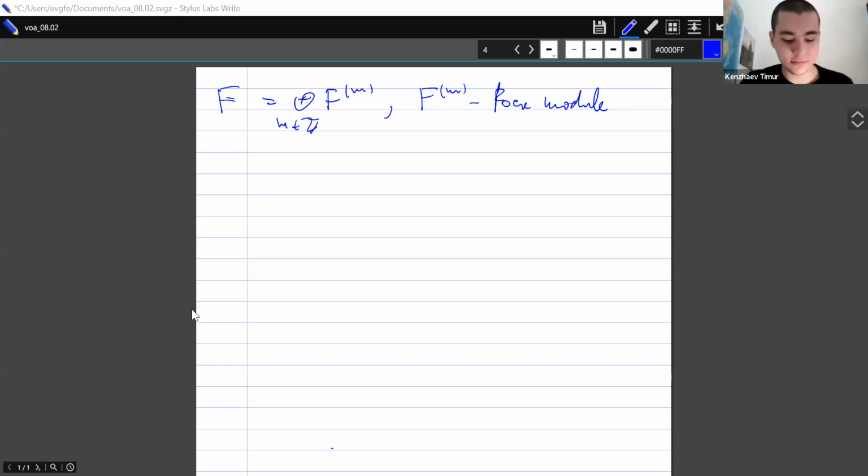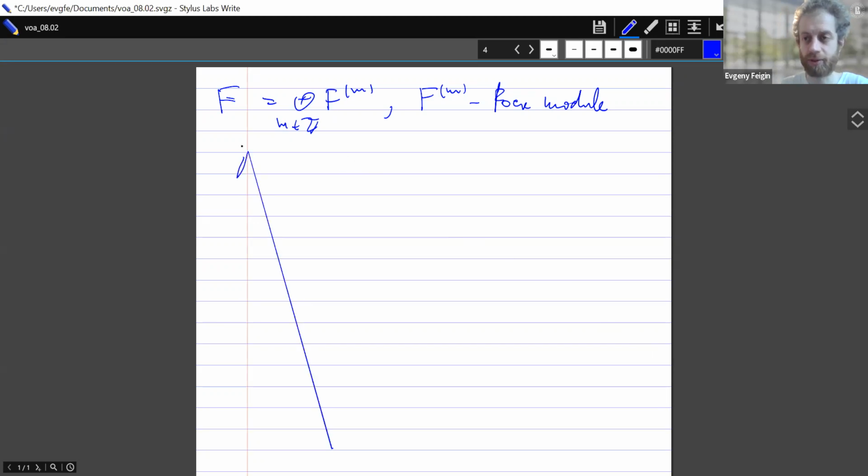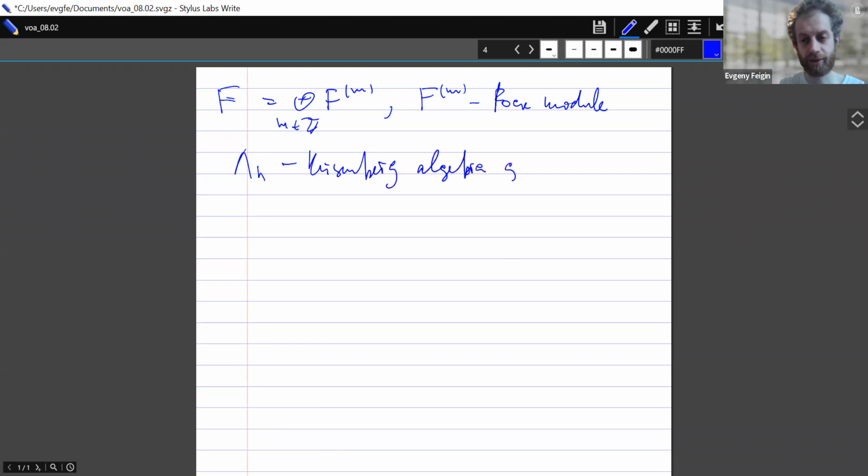Yes. Very good. So this is the Fock module, and we denoted by lambda n the Heisenberg algebra generators.